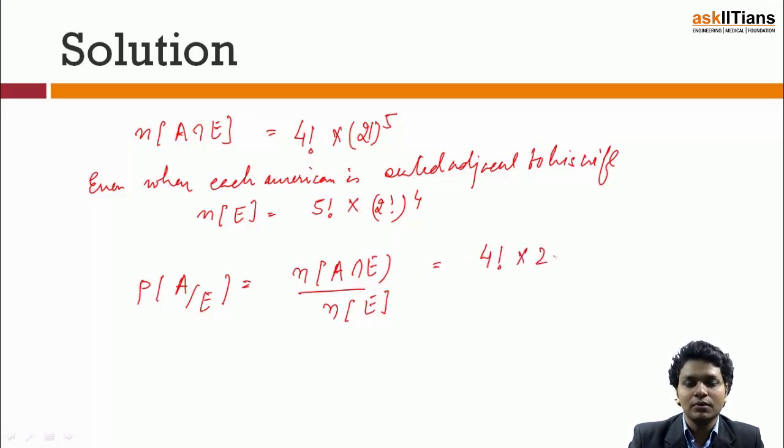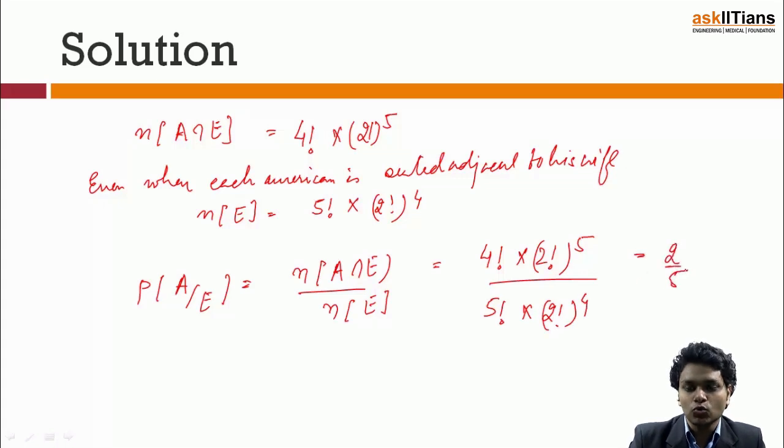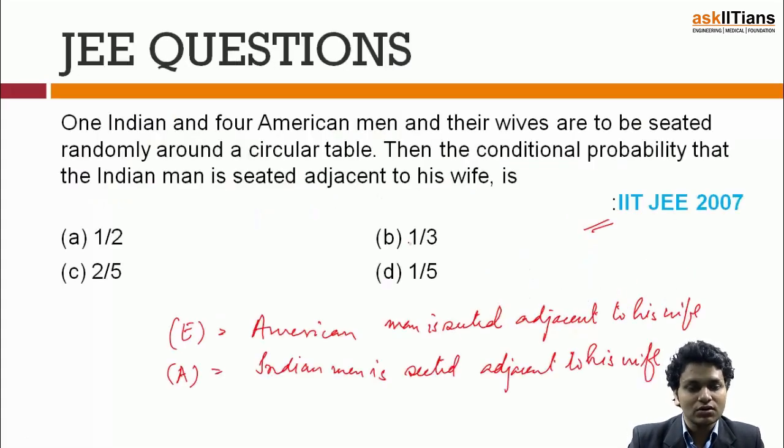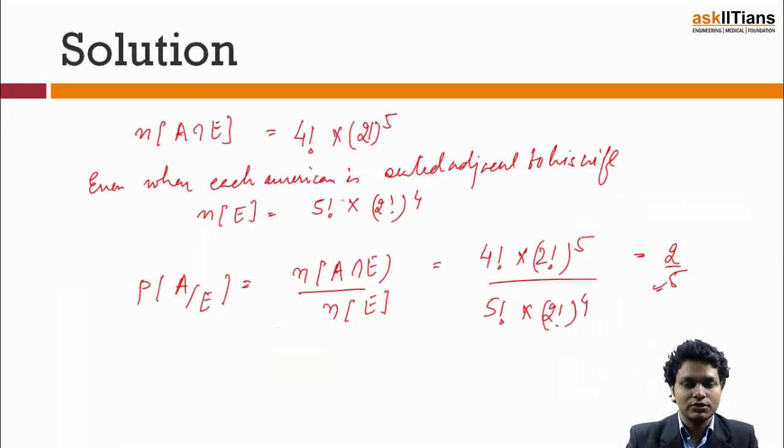So the answer is nothing but 4 factorial into 2 factorial raised to the power 5 divided by 5 factorial into 2 factorial raised to the power 4. Hence the answer will reduce to 2/5, which is given in option number C. So this is how you're going to find the answer to this question.